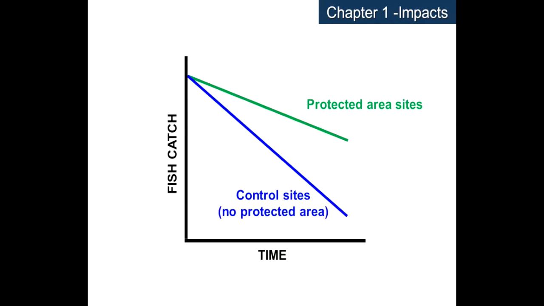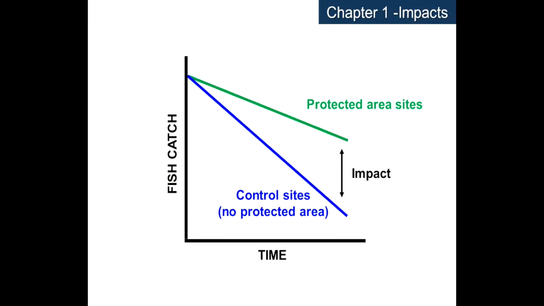But if we compare it to the scenario of no protected areas, which are the control sites, we can see declines were a lot greater. So in fact, the protected areas were having a positive impact on fish catch, which is indicated here, and these declines were more likely to do with broader scale trends.